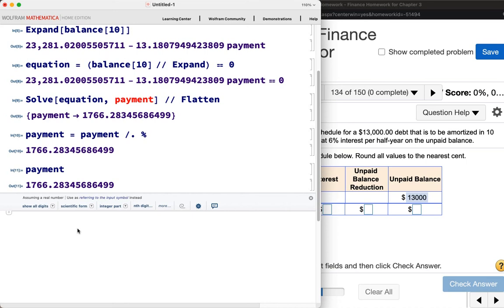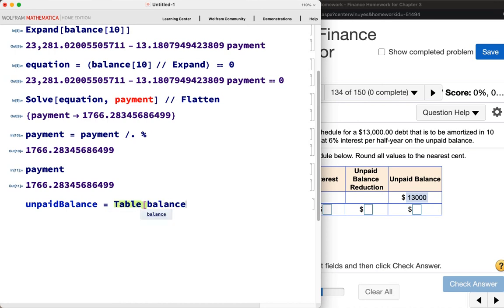So let's see now. Unpaid balance is equal to table, balance n minus balance, you could use any letter you want. I like n or k. Minus balance k plus 1, and then k will go from 0 to 9.